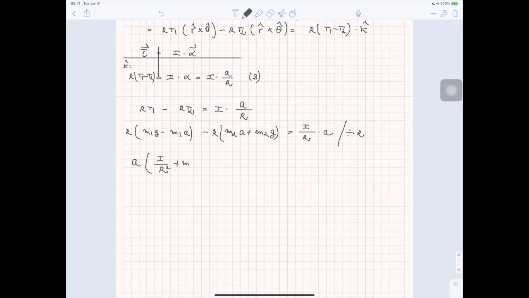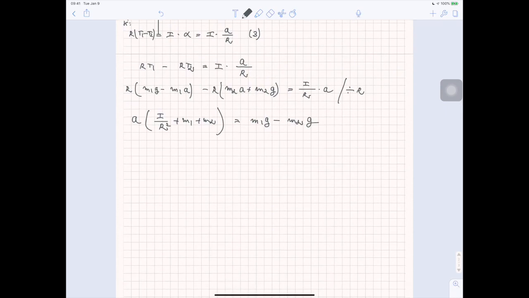So we have plus M1 plus M2 equals, and then what we have left here is M1G minus M2G. And then you can easily solve for this.